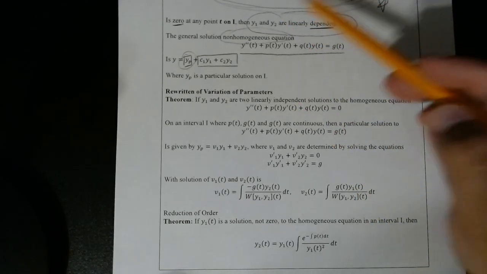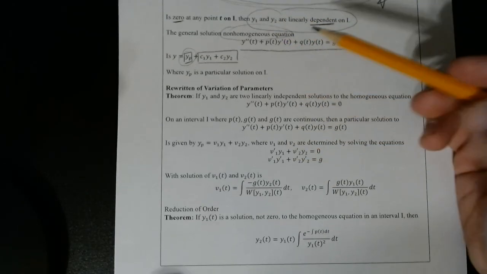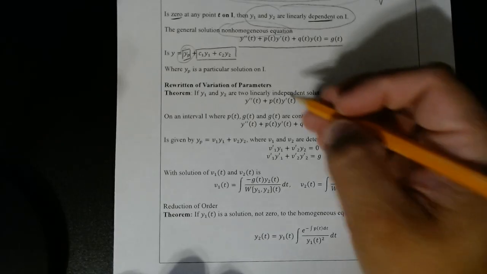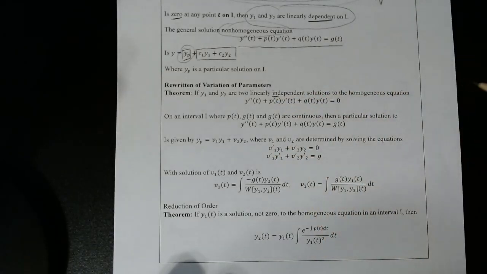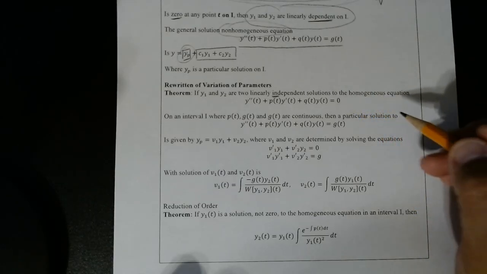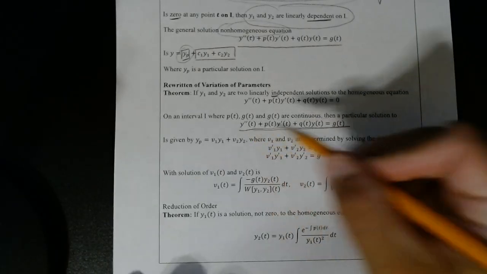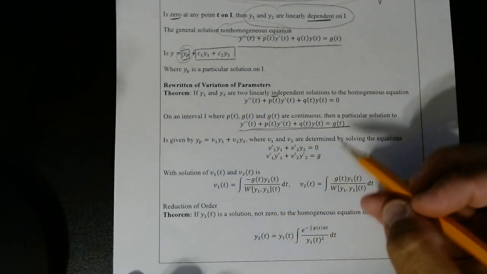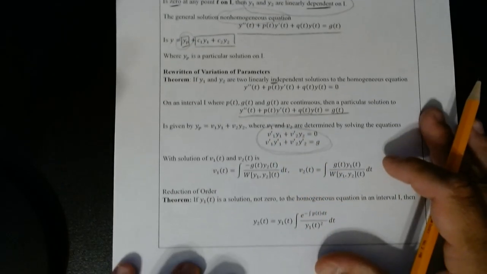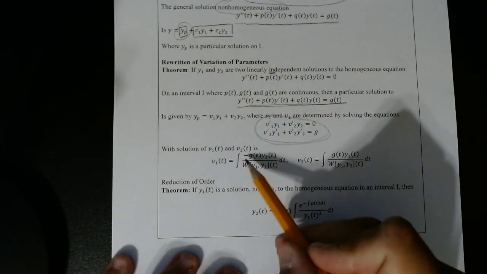Now, if you're wondering, well, what's the big deal about the Wronskian being 0? This is the biggest thing possible. Because our theorem here says if y1 and y2 are linearly independent solutions, key thing, to the homogeneous equation, therefore, we can find a particular solution to this part, again, using the variation of parameters, right, using either solving for the system, or the key thing is we can rewrite now what actual variation of parameters are based on the Wronskian, this here.